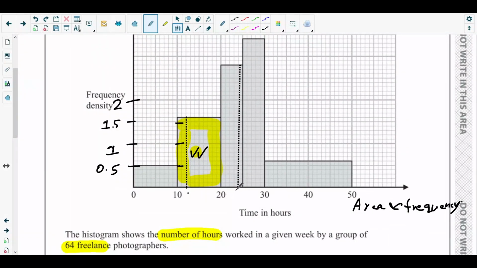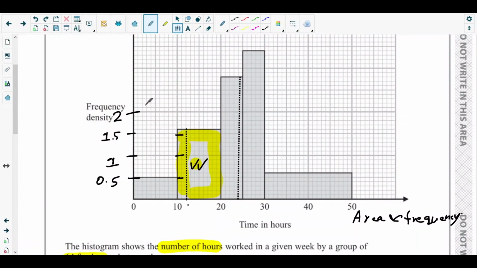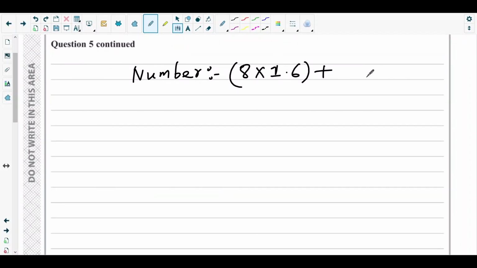From 20 to 24, the width is 4 and the height is 2.8. So it would be 8 times 1.6 plus 4 times 2.8.